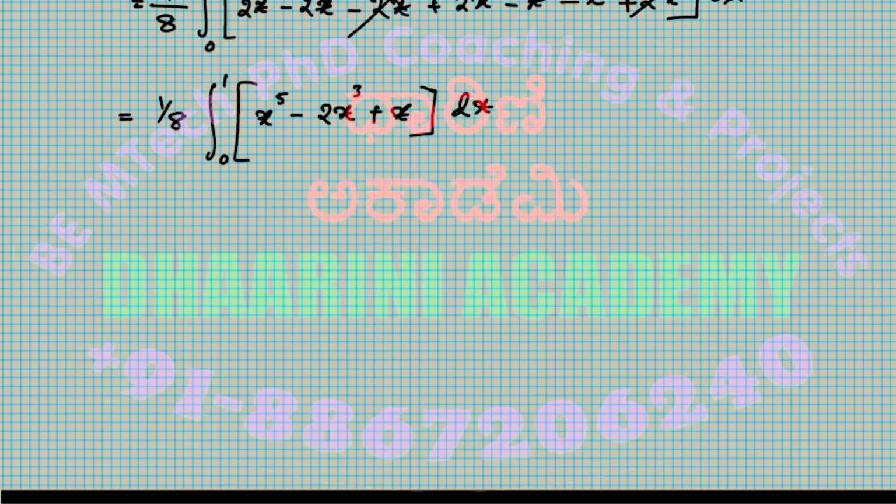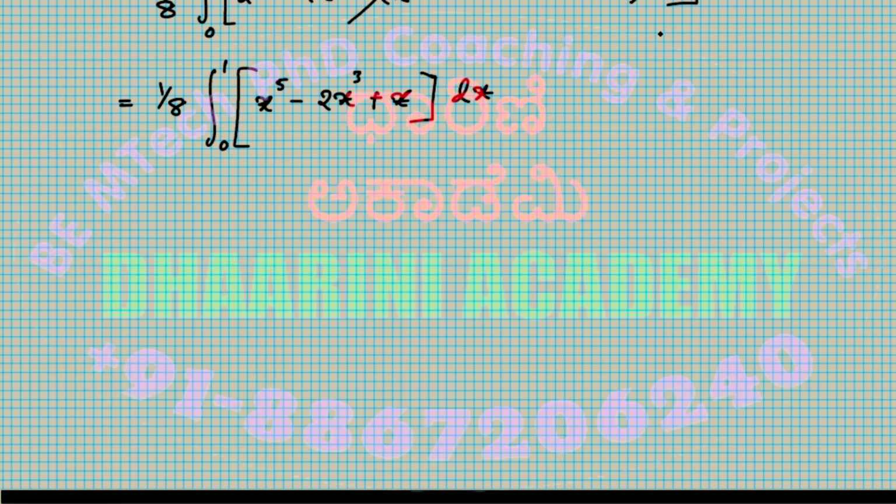It becomes a very simple integral now. So this is equal to 1 by 8 times x power 5 integrates to x to the 6 by 6, minus 2 times x to the power 4 by 4, plus x square by 2, from 0 to 1. So this cancels, adds 2.